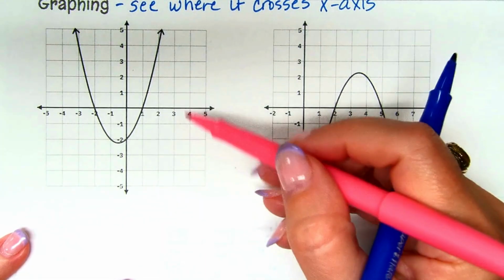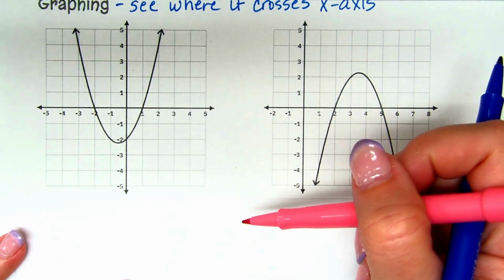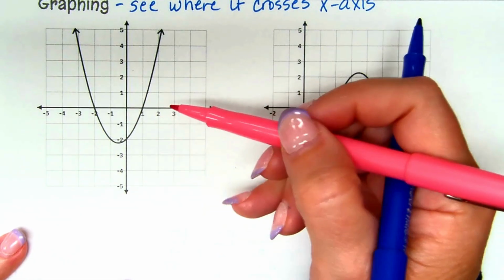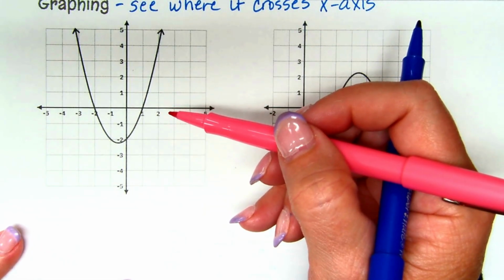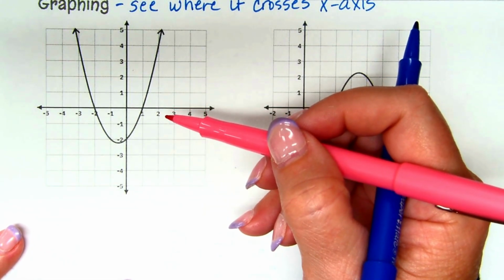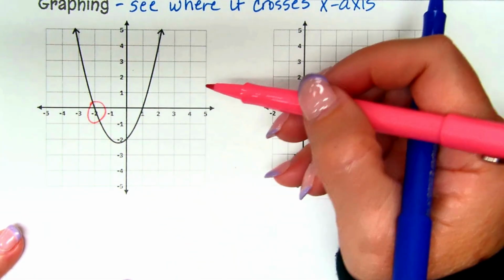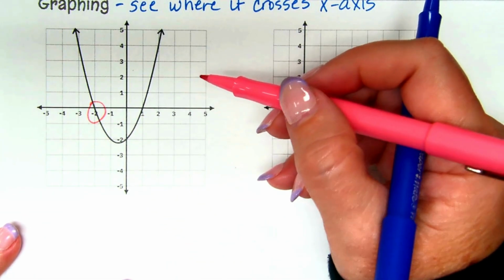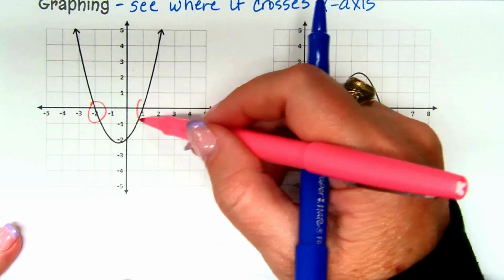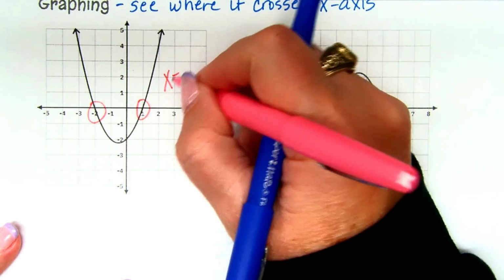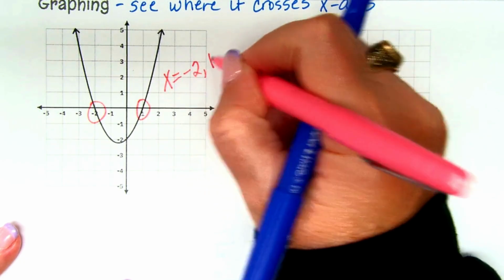Okay, so in this first graph, where are the solutions? So where are they? -2 and 1. So x equals -2 and 1.